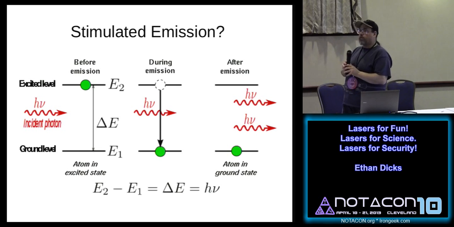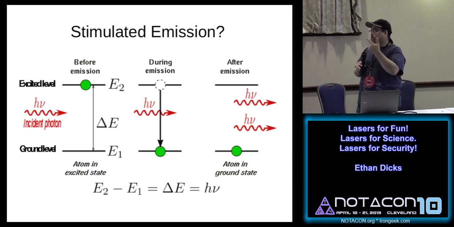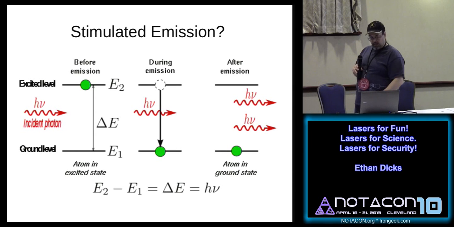And that's the important part. They're in phase, they're the same frequency, and the mechanism is you basically bounce things around until you have enough light going out the front that you've got the synchronized light.